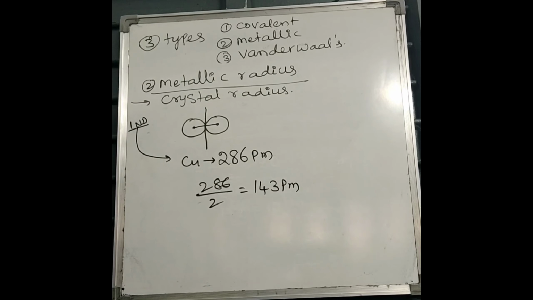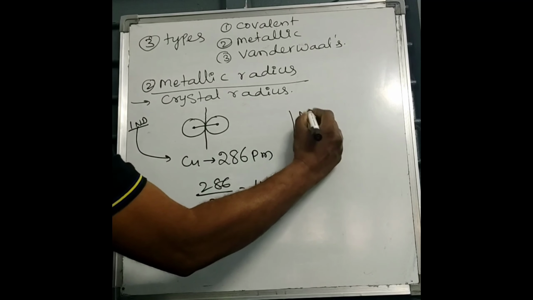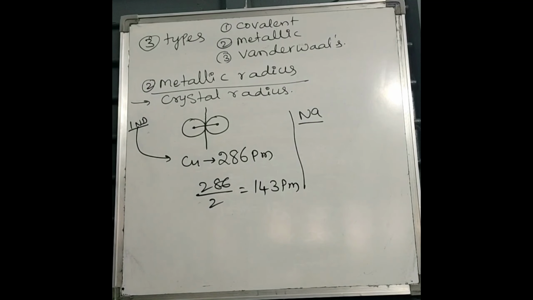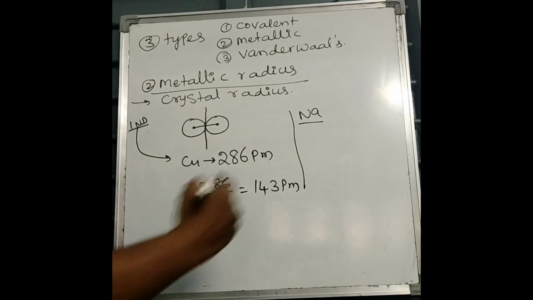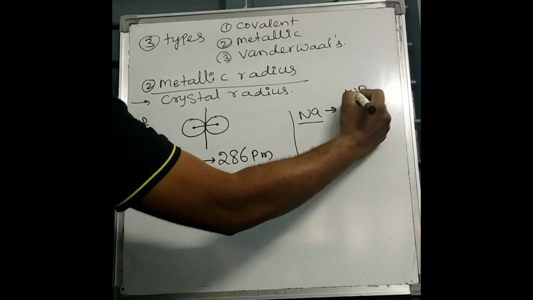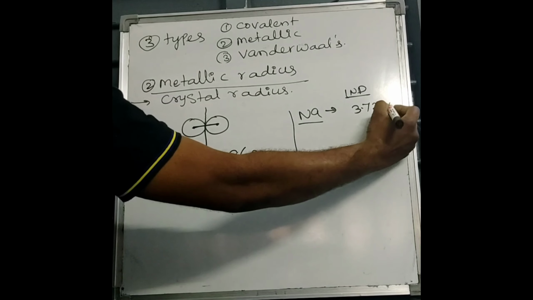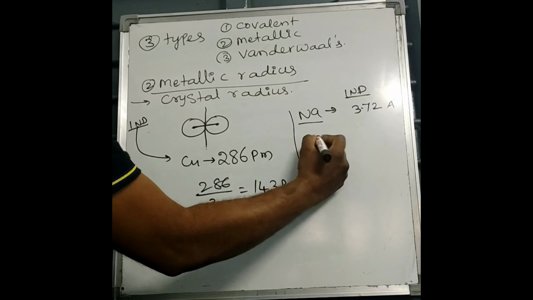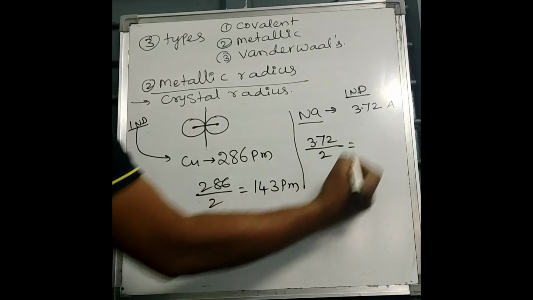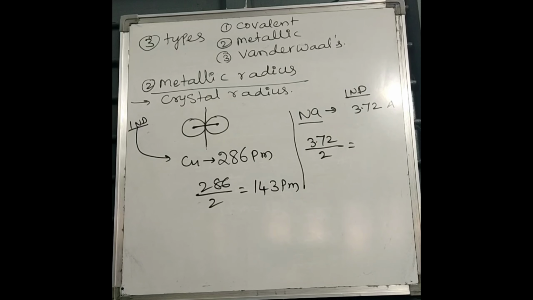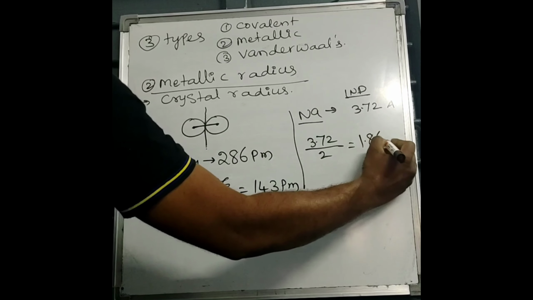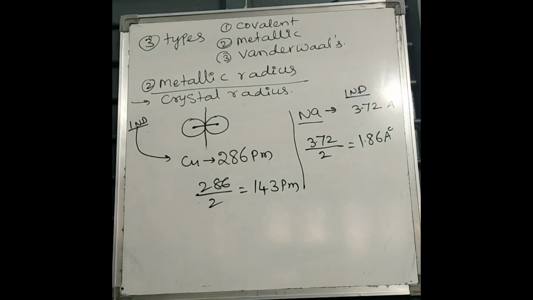And for sodium, the internuclear distance is 3.72 angstroms. Metallic radius means 3.72 divided by 2, that equals 1.86 angstrom. And the third one is van der Waals radius.